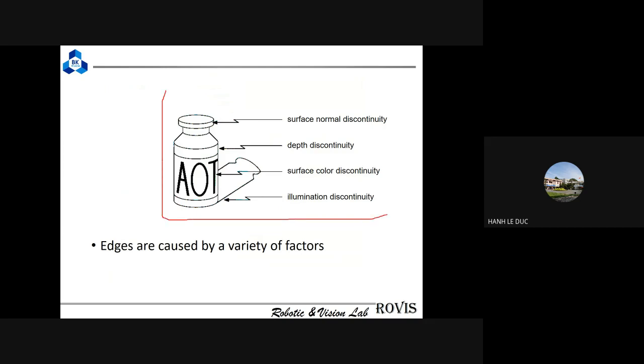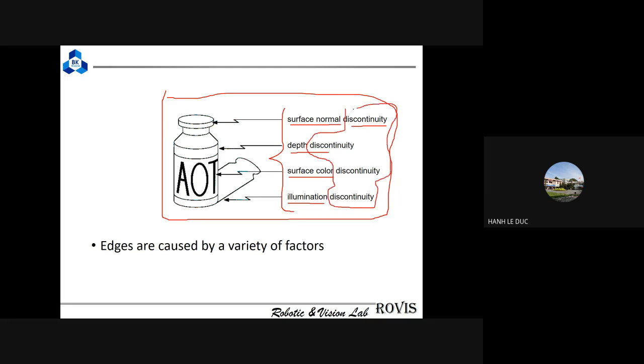So what will cause the edge? There are some factors that determine this is an edge: the surface normal discontinuity, the depth discontinuity, the surface color discontinuity, then illumination discontinuity.